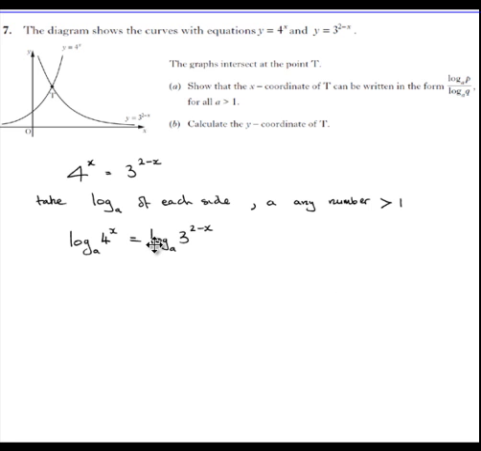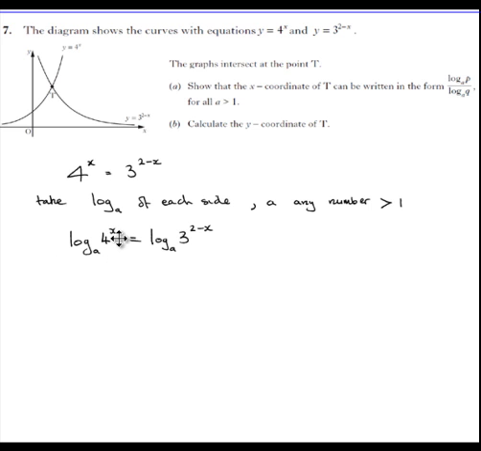Now the third law of logs tells us that if there is a power inside a log, the x in this case and the 2 minus x in this case, we can take this power and pre-multiply the log by it.